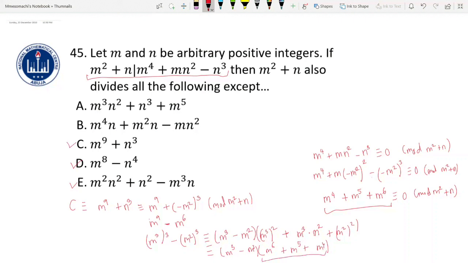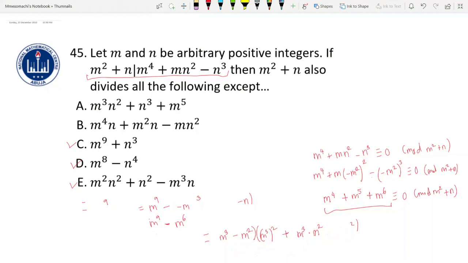So let's go to option B. Okay. So option B is congruent to, so I just go straight.